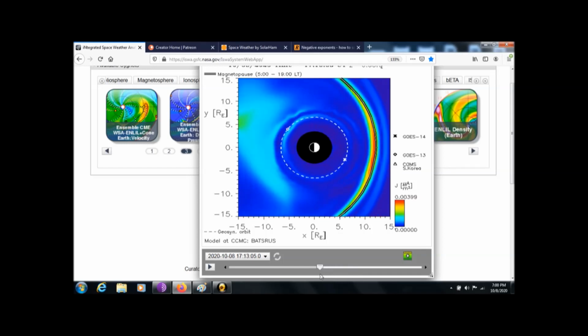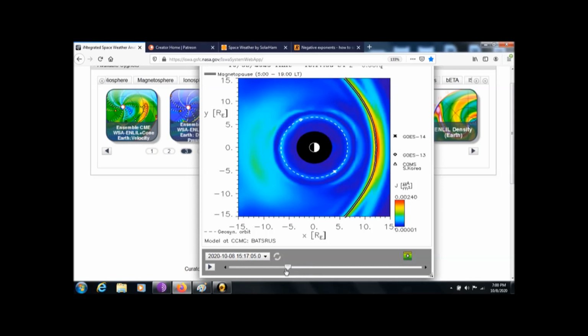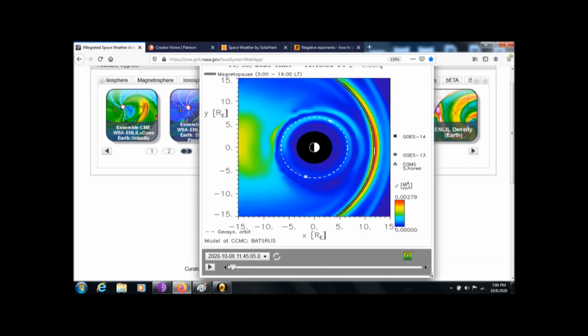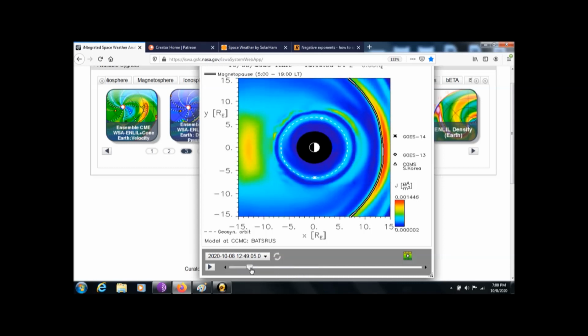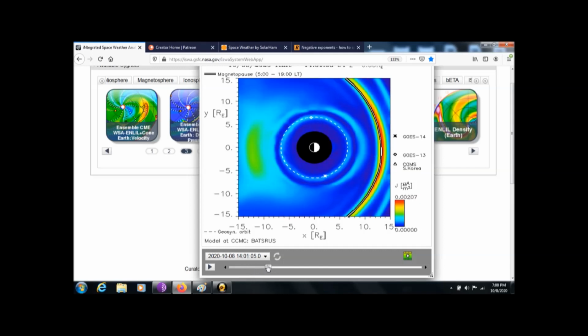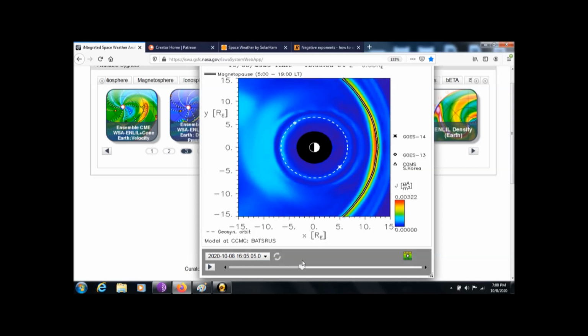And every time the energy on the backside increases, the distance the magnetosphere is from the Earth increases. It's as if that energy on the backside of Earth is pushing against our magnetosphere.